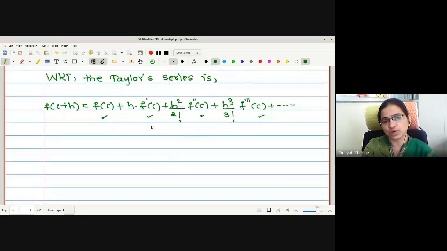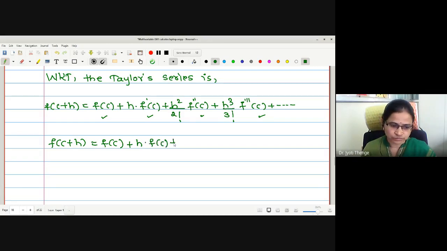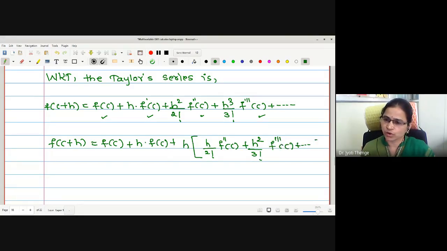Now with the help of this one, we are going to define the total derivative of functions of many variables. How? Let me check. In this statement, we will just put the first two terms as they are, f of c plus h f dash of c. And from the remaining terms, let me take h common. If I take h common, this is h upon 2 factorial f double dash of c, h square upon 3 factorial f triple dash of c, and so on.